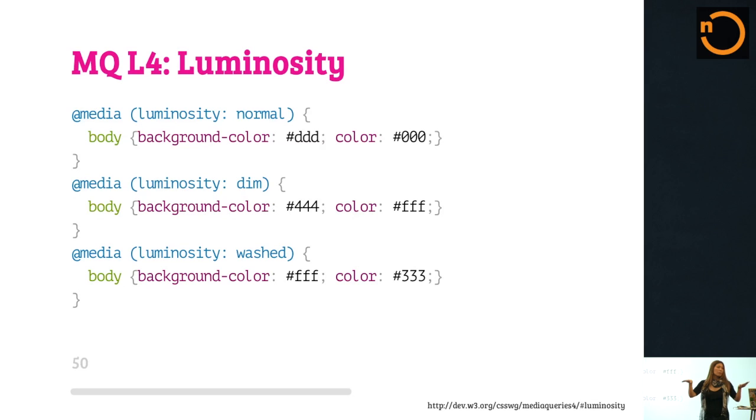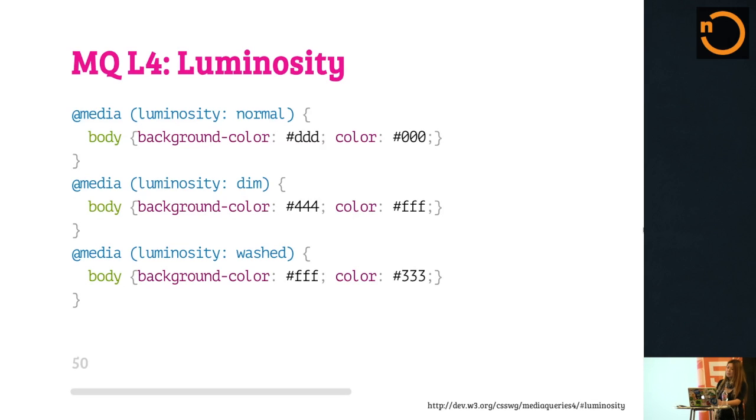Let's say this is a room, indoors at nighttime, kind of dark, or when you're outside in daylight, it always knows. So what this CSS basically does is, by default you get a gray background and black text, but when you're in a dark room, it makes the background color dark and gives it a white text color. Or when you're in a lighter environment, it makes the background color pure white and gives some text color.